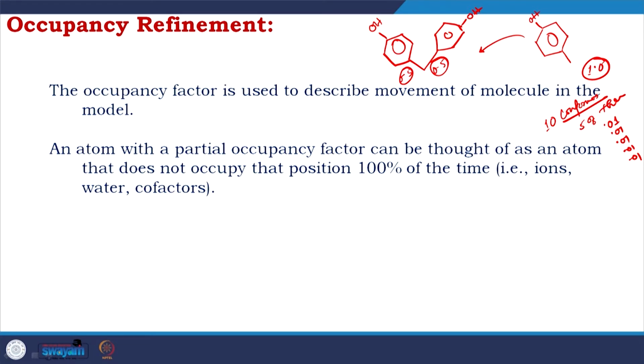And then there is one having, let us say, 0.9 or 0.8, and the other four are having 0.04, 0.04, 0.04 and 0.03.